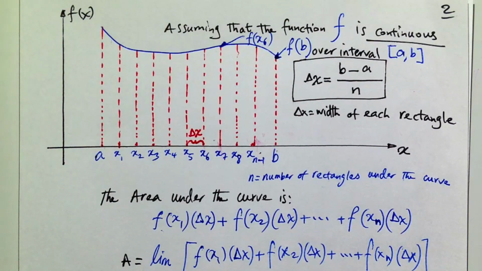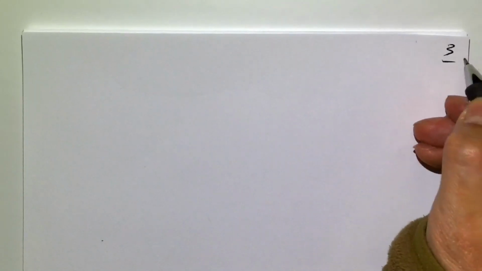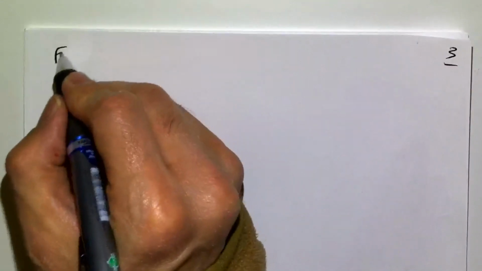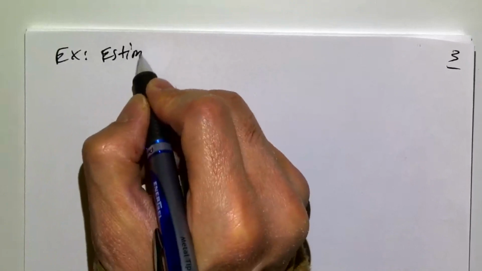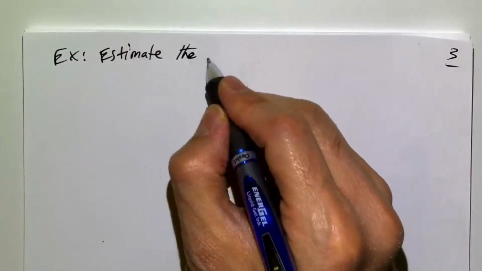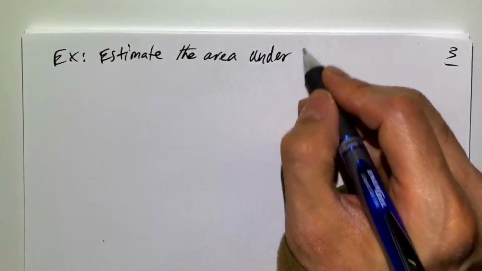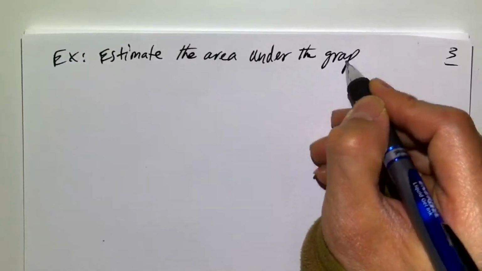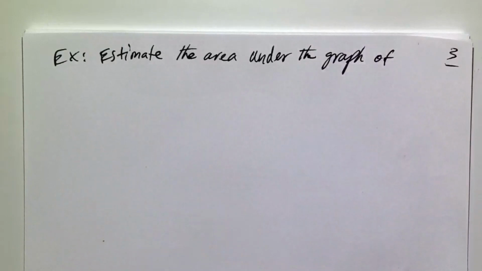So I'll start by one example here. Suppose we want to estimate the area under the graph of f of x.